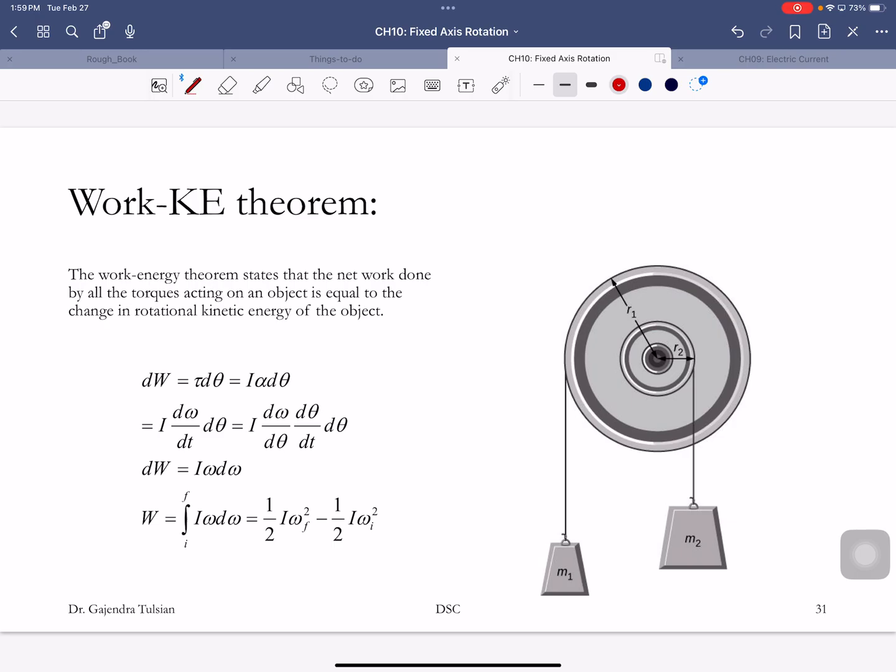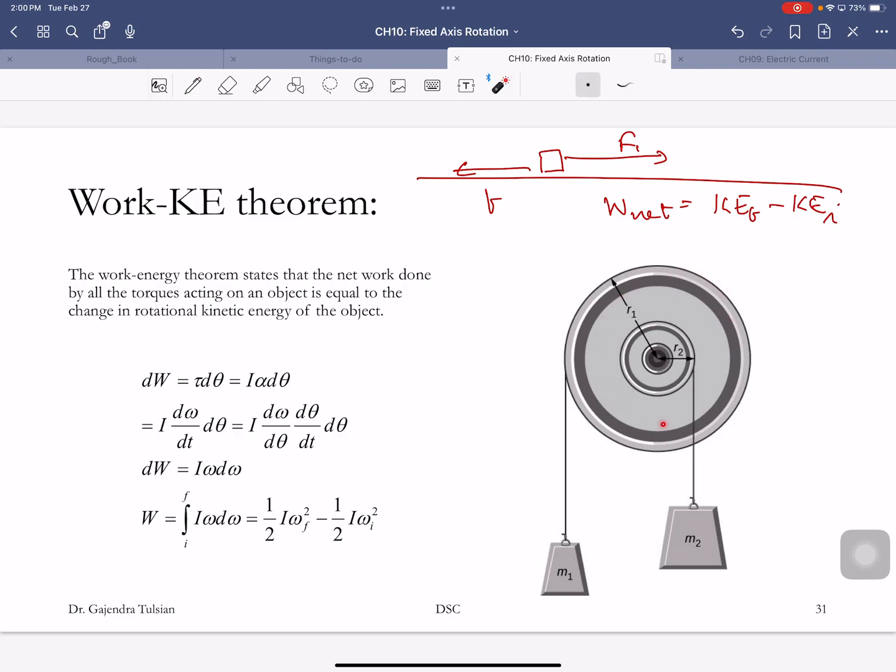The work-energy theorem was, let's say for instance, here's an object. One person is applying a force like that, there's a friction force and all that. The net work done on this, the work done by all the forces, shows up as change in kinetic energy.